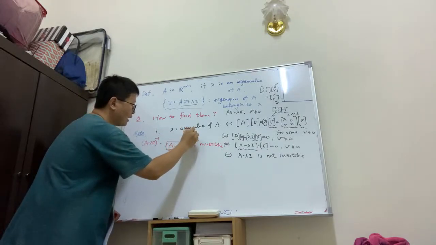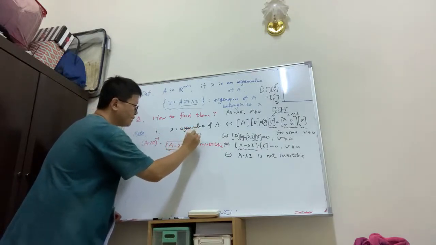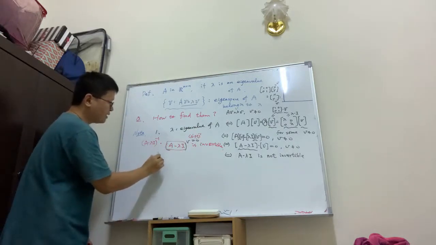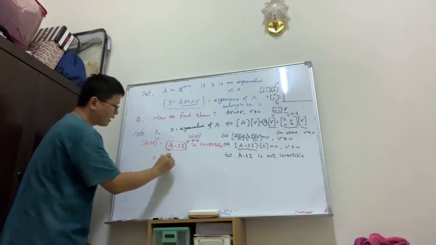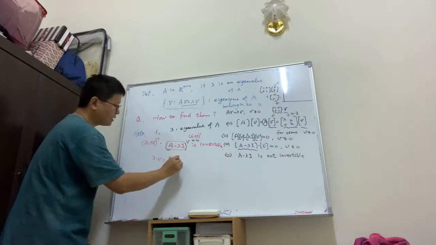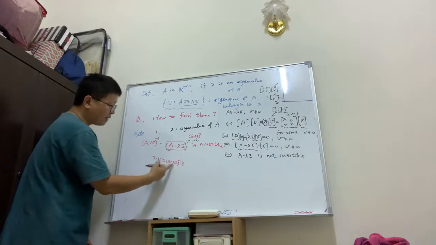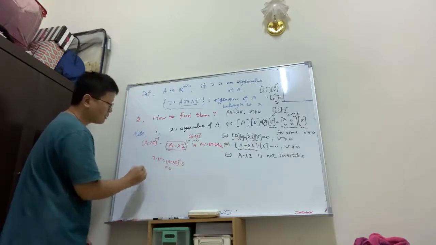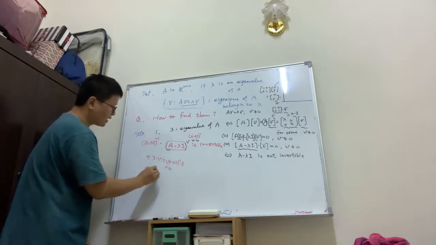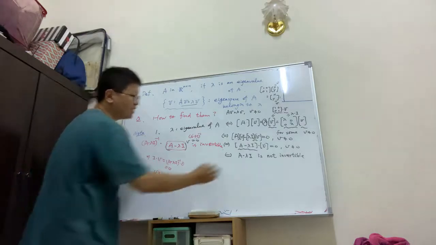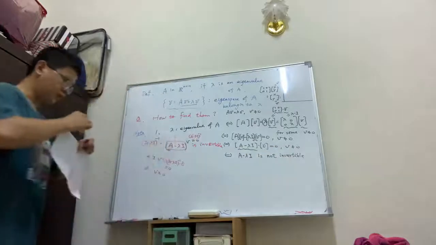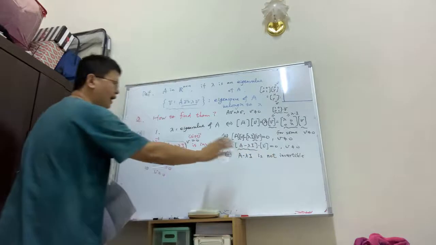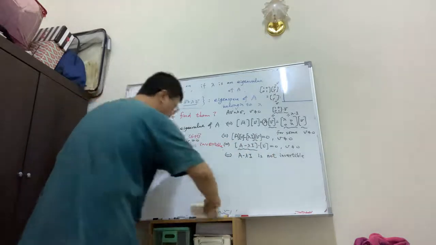On the left hand side you get identity times v. On the right hand side is the inverse of (A minus lambda I) times 0, but any matrix multiplied by the 0 vector must be 0. So v is 0, but v is non-zero, so it's a contradiction. So we know that A subtract lambda I is not invertible.